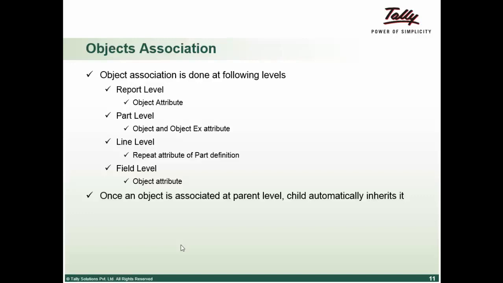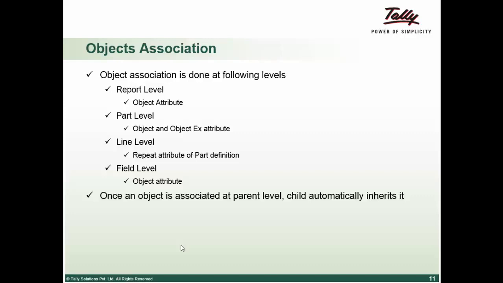So object EX allows us to connect another primary object to our part level. Report level, we can have one primary object. Part level, when you write object, it links itself to the parent report and tries to fetch a value from the sub collection of that object.